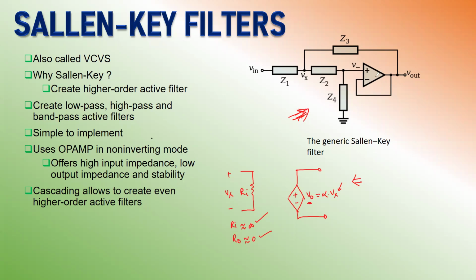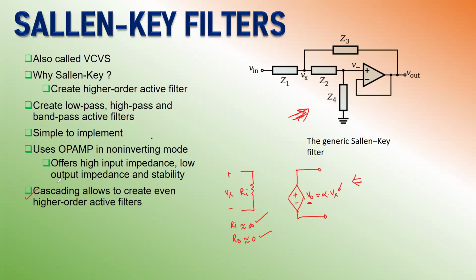Because it is configured in a non-inverting mode, we have the advantage of Ri equal to infinity and Ro equal to 0, so extremely high input impedance and extremely low output impedance. That also provides the advantage of better stability. The filter is stable over a large frequency range of operation. That's the advantage the Sallen Key filters bring.